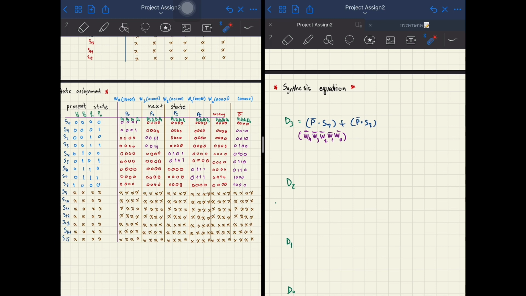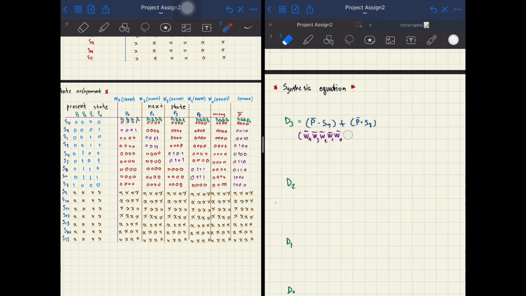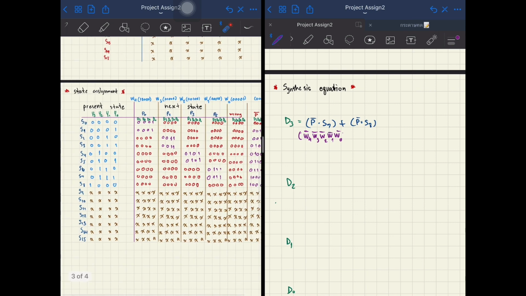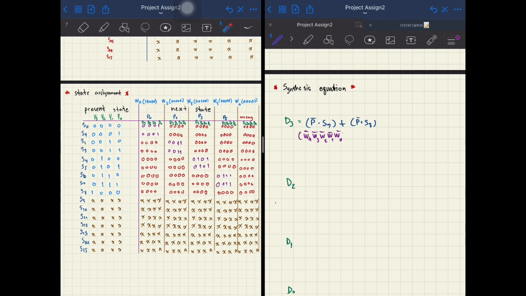And next, state 7 we can represent by y, right? Here y3, y2, y1, y0, but state 7 is 0 1 1 1. We look at the 1, but this bit is 0, so how are we going to do? We must put a complement on y3, right?